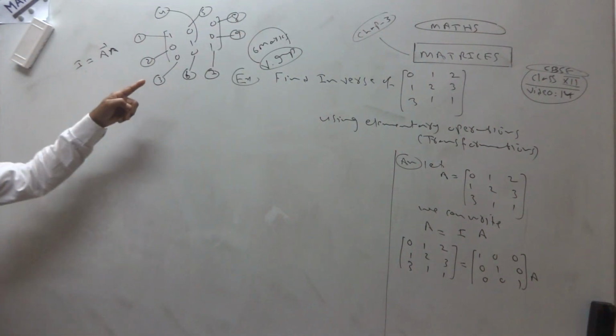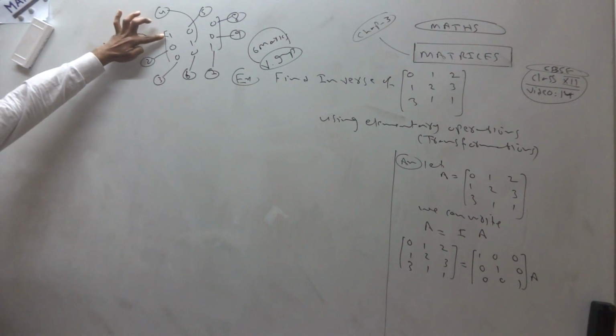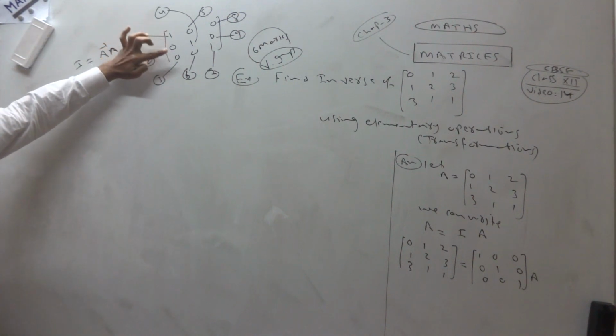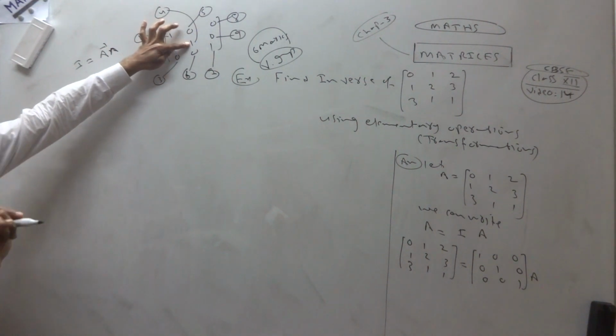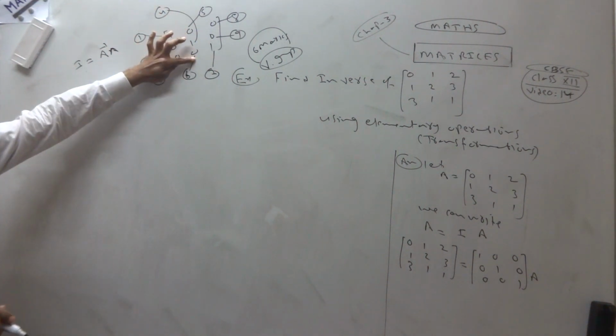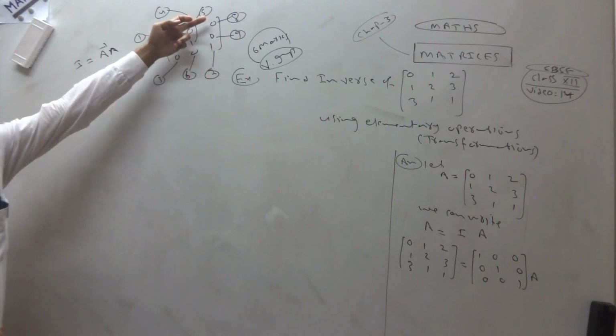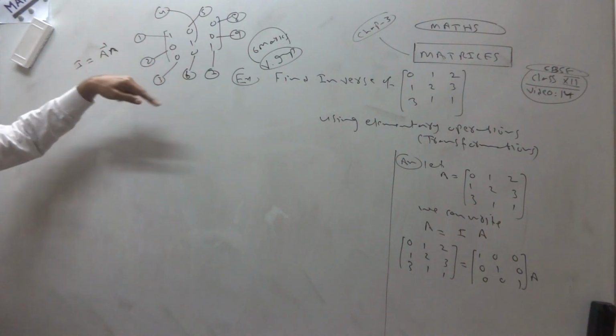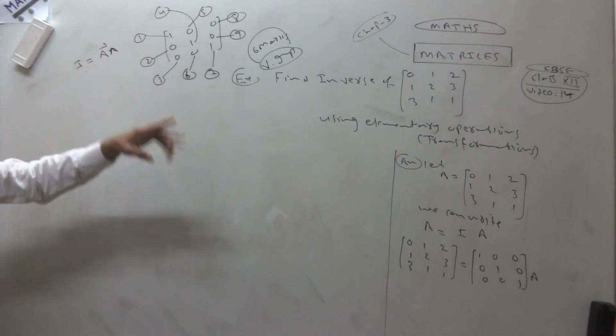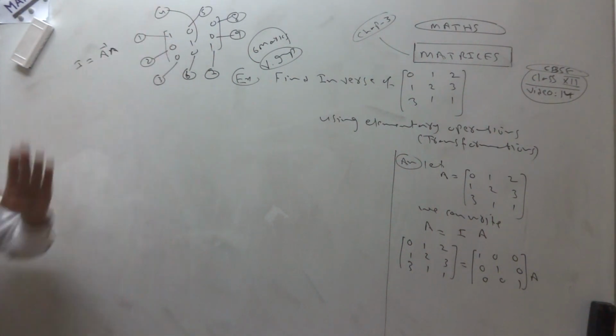You follow like this: first you make 1, then 0, then 0, then again 1, 0, 0. Always make 1 first, then 0, then 0. The last step is the 9th step. So follow this method of making the identity.